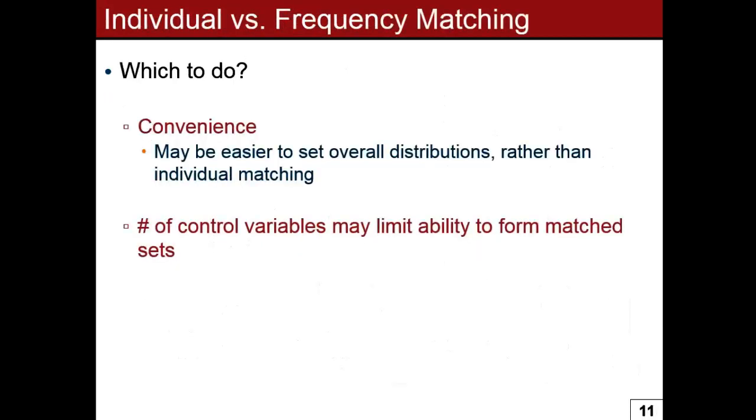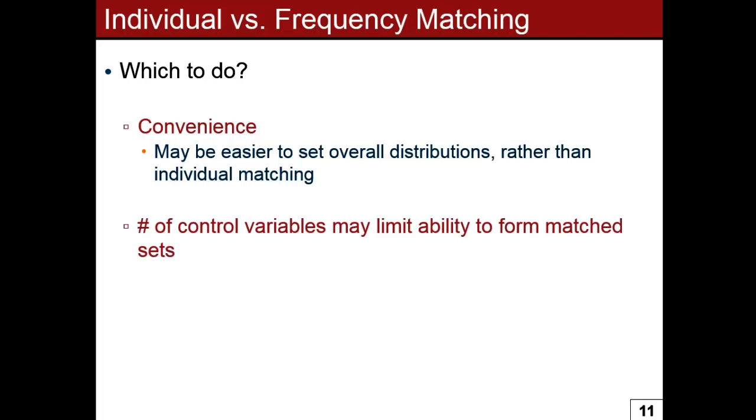Okay, so again, there's lots of options. I'm just going to end here with what do you do? Which do you choose? And again, it's about convenience and feasibility, and particularly when you think about matching, it's not only what makes the most statistical sense, but what's feasible in terms of what I can identify in people in the population.